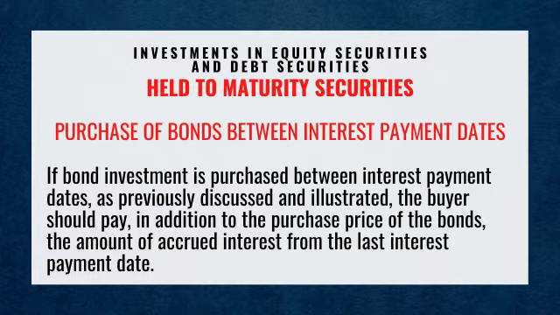Purchase of bonds between interest payment dates. If bond investment is purchased between interest payment dates as previously discussed and illustrated, the buyer should pay, in addition to the purchase price of the bonds, the amount of accrued interest from the last interest payment date.